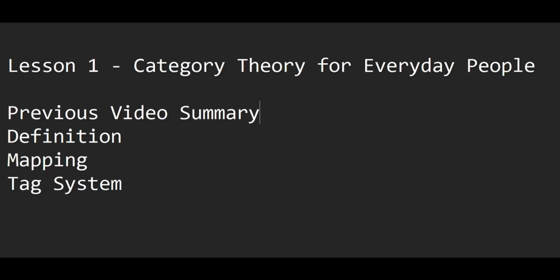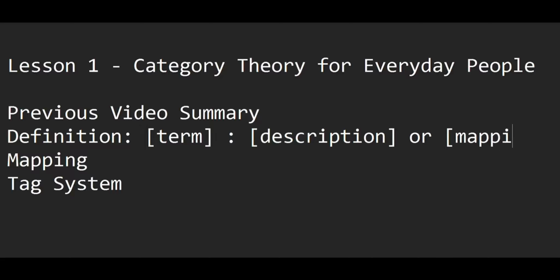And I told how a definition is the term followed by a colon, followed by either a description or a mapping. A mapping is an arrow from thing 1 to thing 2.